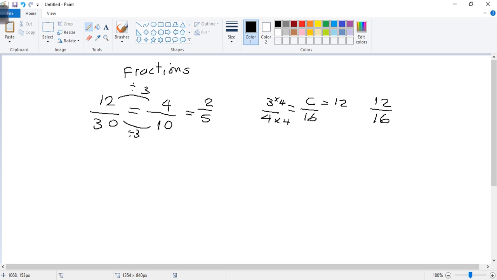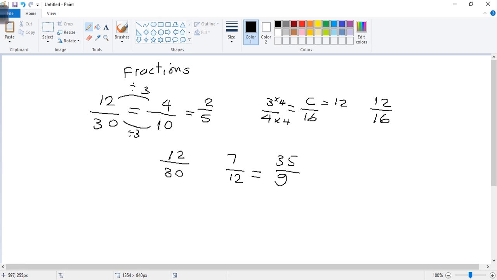Is that okay? Another one: 7 over 12 equals 35 over g. What is g? It's similar.